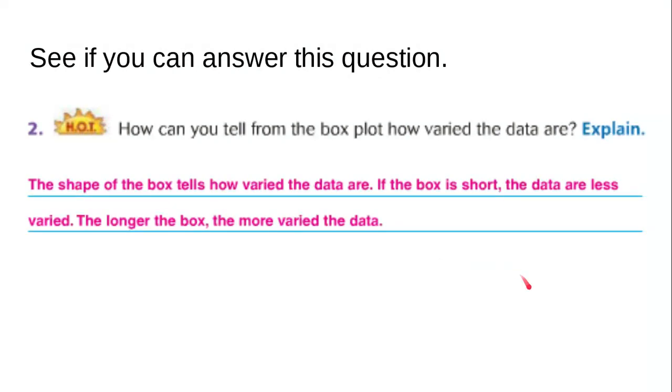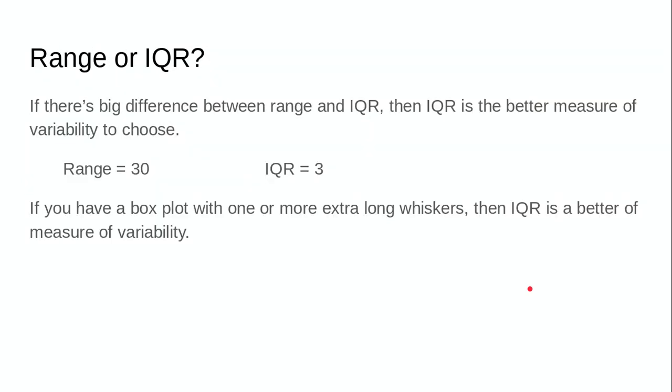So here's what we can take away when we're trying to figure out what's better for variability, range or IQR. If there's a big difference between range and IQR after you calculate them, then IQR is the better measure of variability to choose. In the last problem, we had a range of 30 and an IQR of 3. IQR was the better measure of variability.